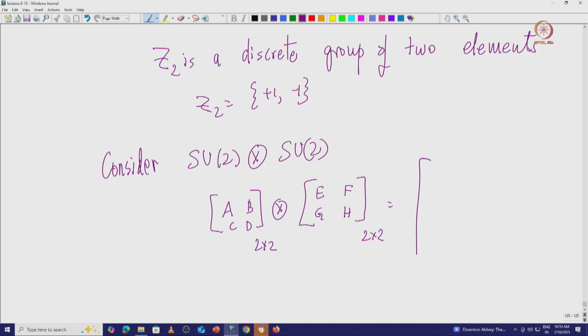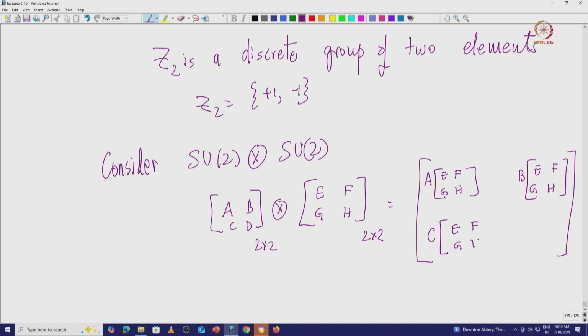The direct product would be a 4 by 4 matrix in which every element is multiplied by E F G H: B times E F G H, C times E F G H, and D times E F G H. You see that this will end up being a 4 by 4 matrix of this particular type, because once you expand that, our lower 2 by 2 block essentially gives you a 4 by 4 block, but everything is multiplied by everything.